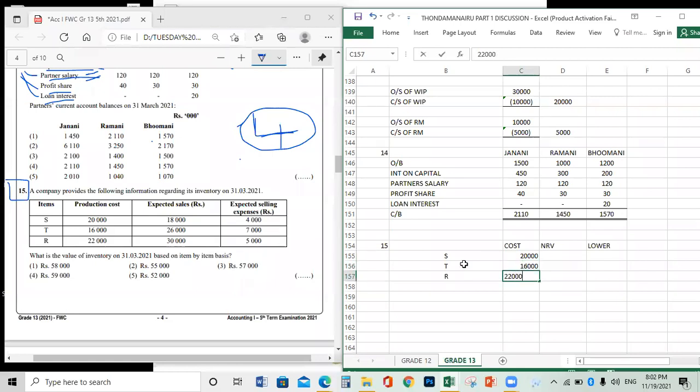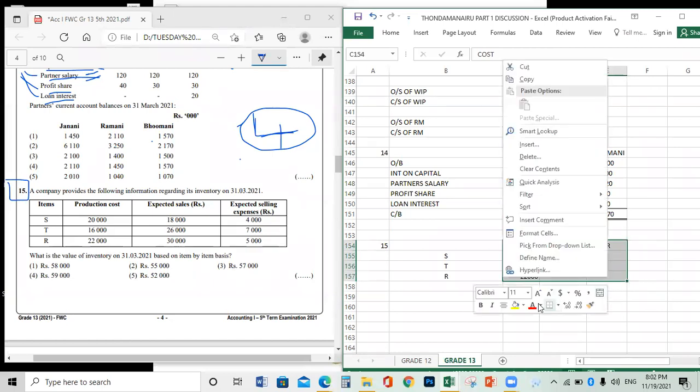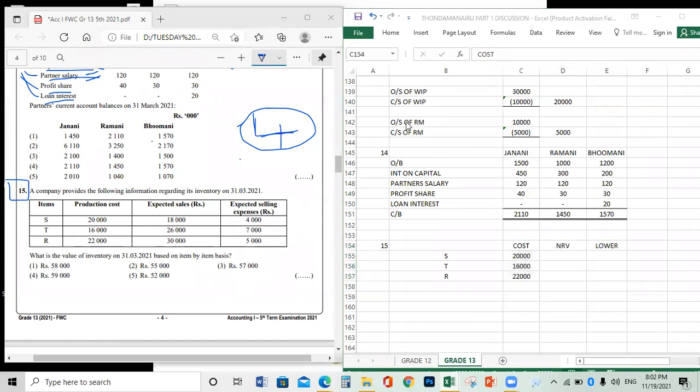Here they specify, right? Very good, you have to use item by item. I'm not asking about FIFO or WAC. I'm asking if they don't tell you anything, use item by item basis. Don't use grouping. If it is grouping, they will always directly tell you.